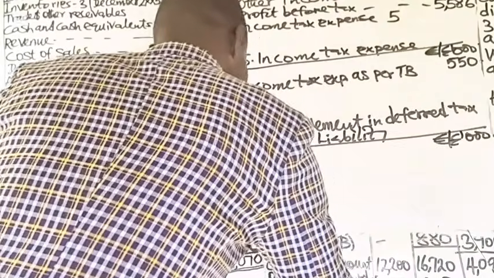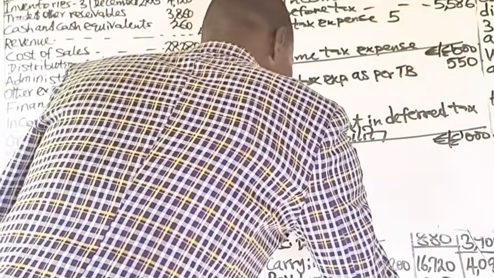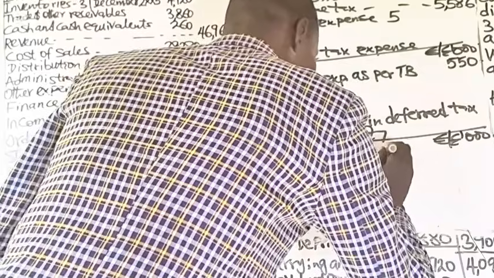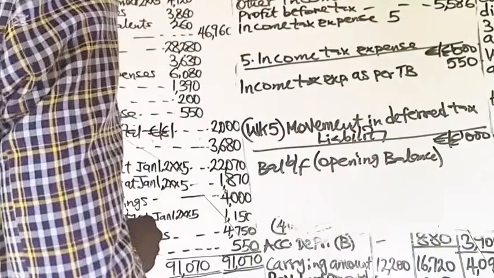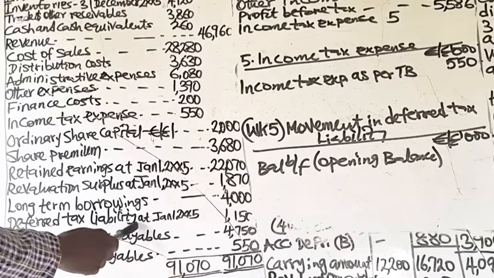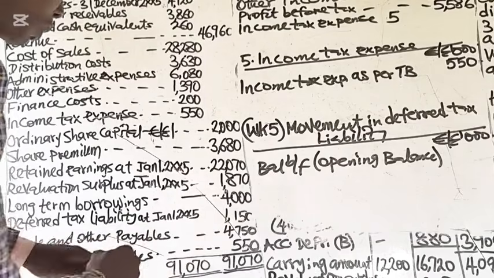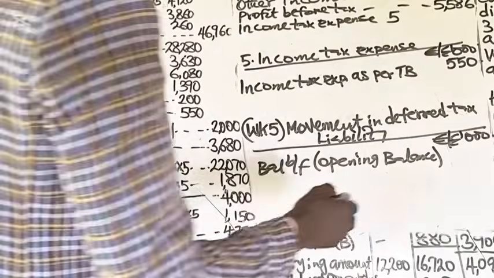The opening balance. This is the opening balance in respect of deferred tax, and this will be given in the trial balance. Now, how much is the opening balance? We have deferred tax liability 1150. That is the amount given in the trial balance.